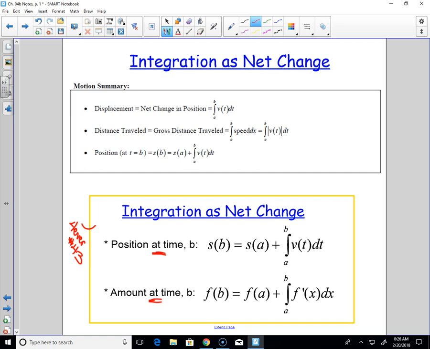We have what we're trying to find. We have the integral or the area of velocity. But who else is there? Initial position. So the idea is to get the final, we need to start with the initial, and we need to add the change.